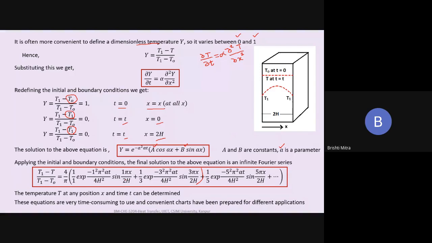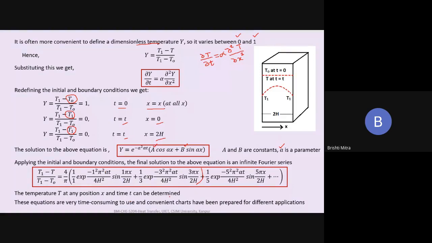And X is the distance at which I want to find the temperature, whether at x equal to 0, x equal to h or x equal to 2h, whatever is the case, the x value will be denoted by that. This expression will give me the temperature at any position x at any time t.